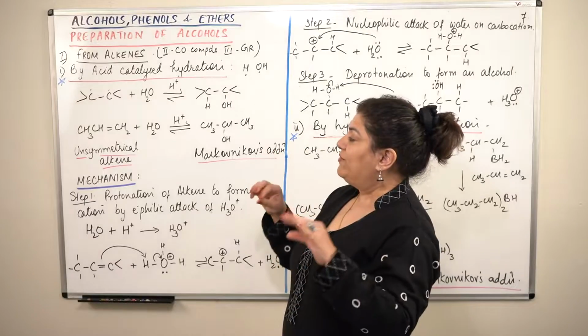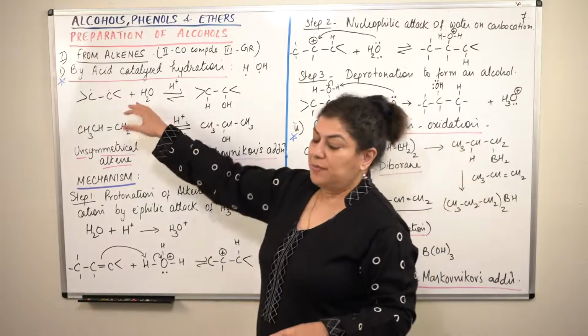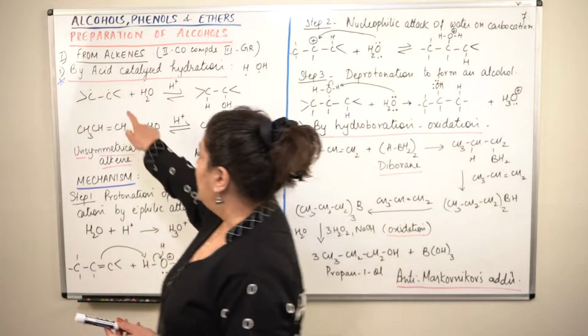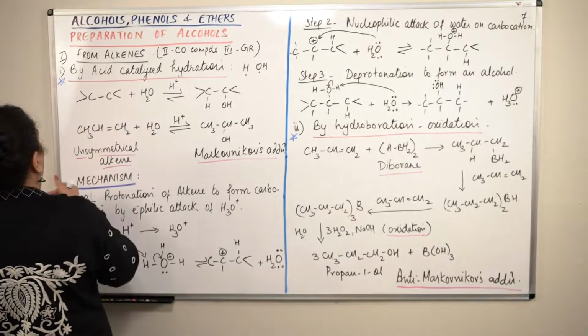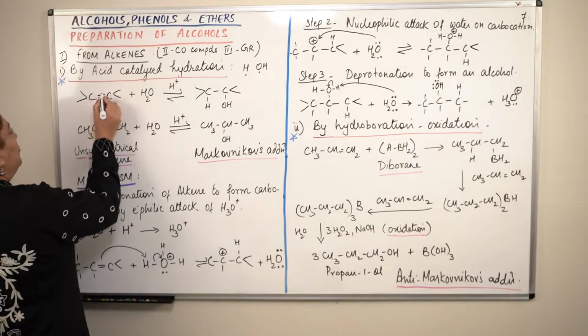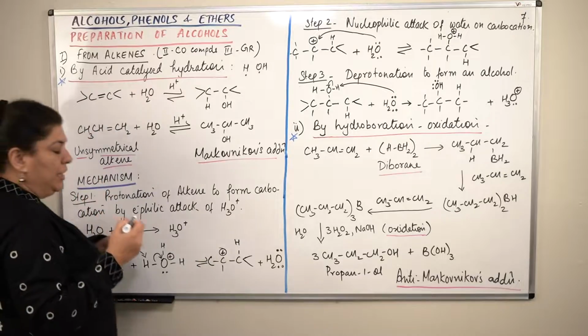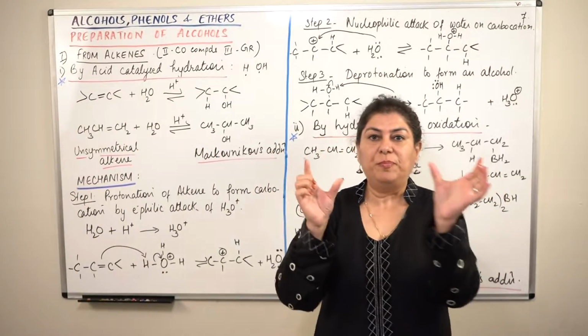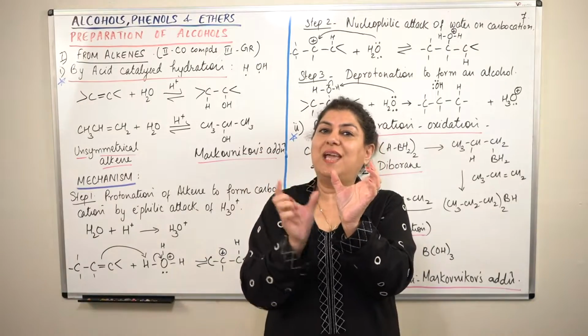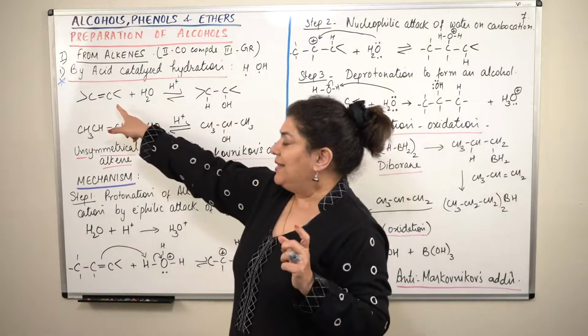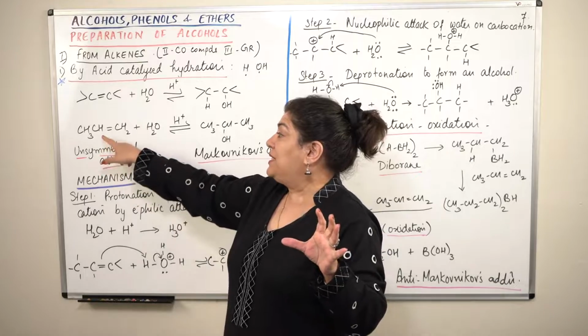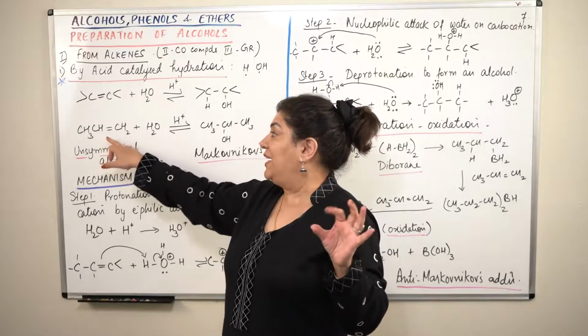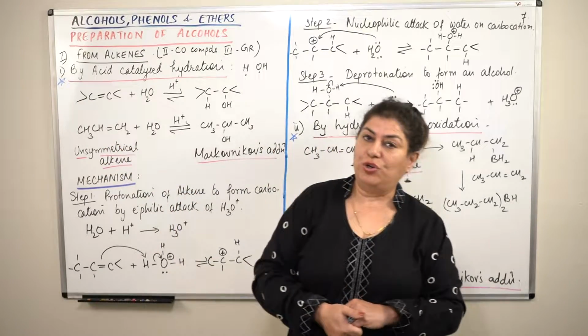Now, what you have to notice here is that this is a symmetrical alkene, the one that we originally took. It is symmetrical means on both the sides of the carbon atom, you see a similar structure. The double bond has the same groups on both sides. In this case, it has the same groups, but if the alkene was unsymmetrical, what would happen?